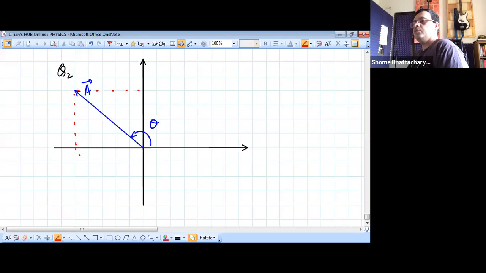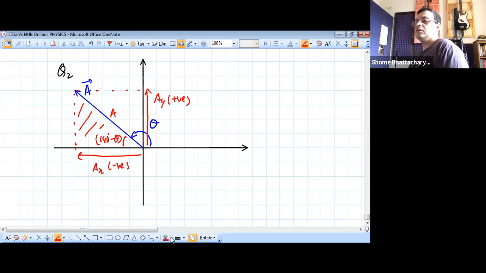So ये जो x component है negative है, ये जो y component है ये positive है. Okay. But if you look at this right angle triangle, यहाँ पे ये 180 minus theta है, this angle. Okay. So I'm just saying, look at this right angle triangle, this one.